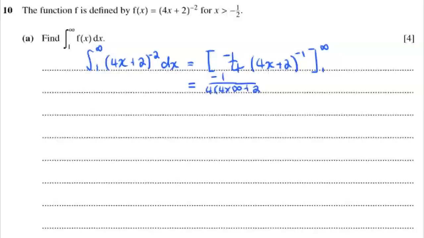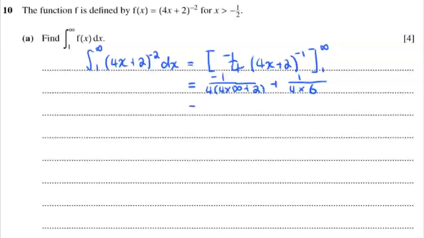This just feels so wrong. And we're going to subtract negative 1. So that means we're adding, and we get rid of that minus 1. We have 4 times, in brackets we put 1 in for x. So 1 times 4 is 4, plus 2 is 6. So we're going to have 4 times 6.